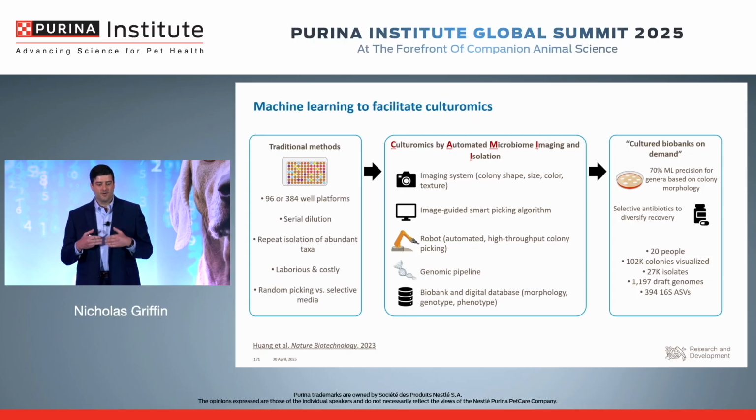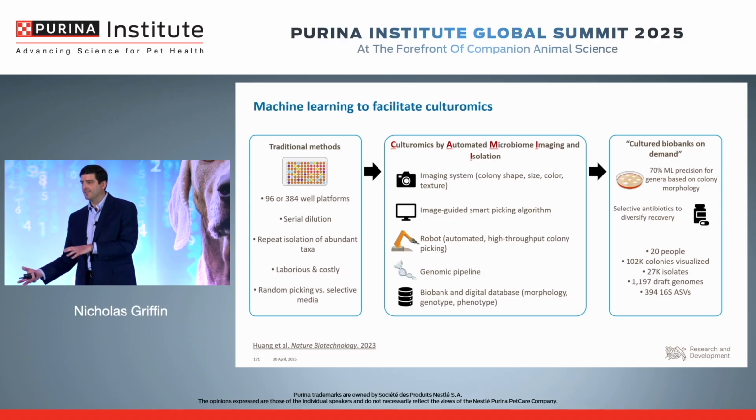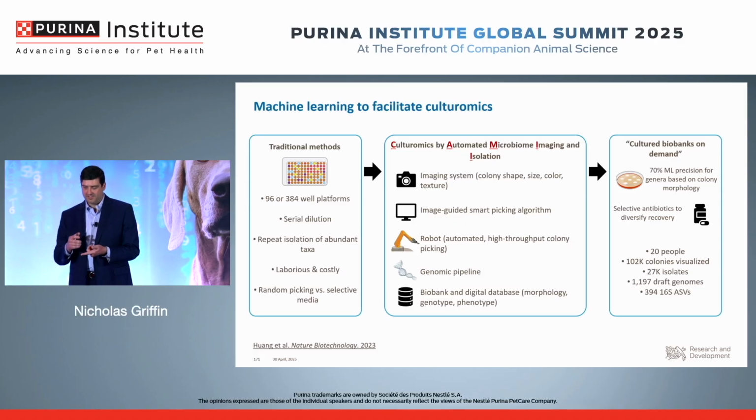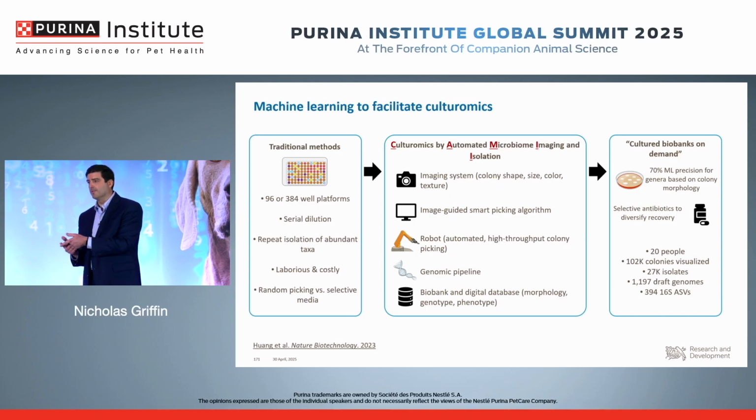It all goes into a genomic pipeline where you're using omics, DNA sequencing, to identify those bacteria and characterize them. And then it also goes into a biobank, and it fuels the digital database. And what this allows them to do is to make predictions about which genera they think they're picking. Is this overrepresented, underrepresented in their database? What do they want? It allows them to basically say, we've already got this, we don't need it, don't go get it again, right? And those are all ML predictions.